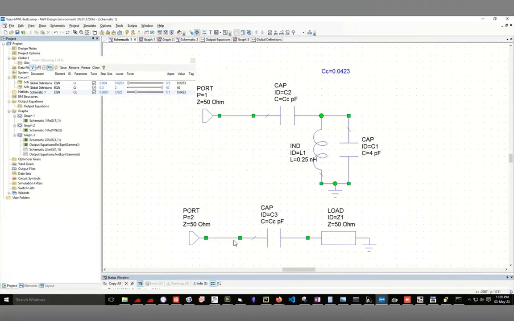Why the real part? Because that is the part which is going to give me the dissipation. So I just added this R and C in parallel and equated it just to compute this value of R. And we see that it matches very closely to the full exact calculation.